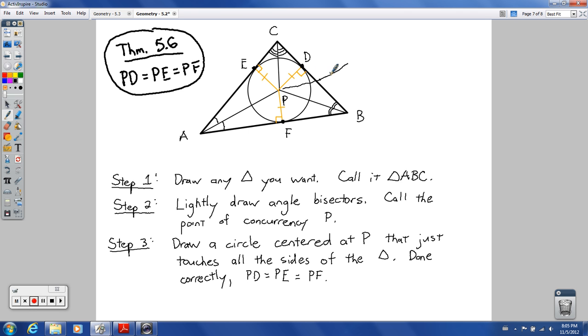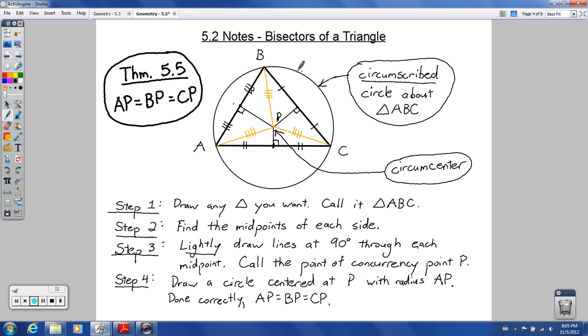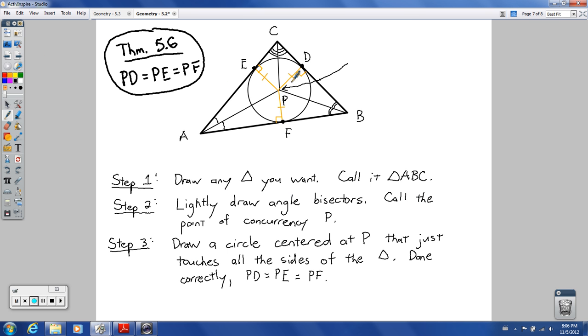And so that point right there has a special name, and it's analogous to what we had over here. You had a circumscribed circle, it's called the circumcenter. Over here, what we just did, we have an inscribed circle. It's on the inside. Instead of circumnavigating around the outside, it's on the inside, just touching all the sides there. This is called the incenter.